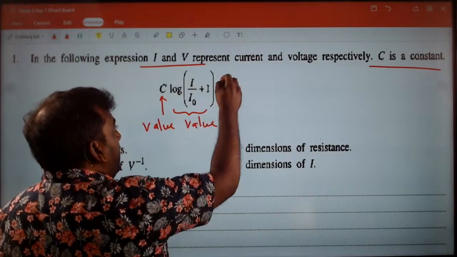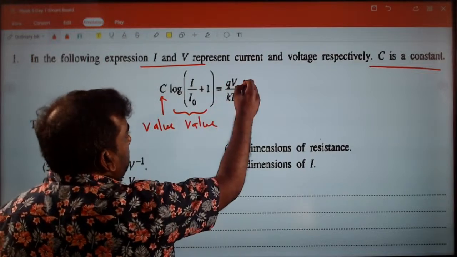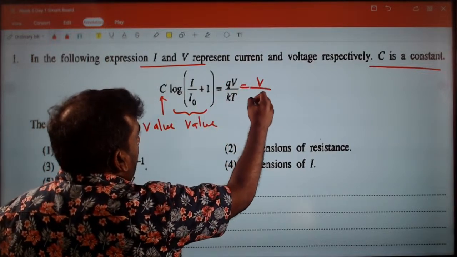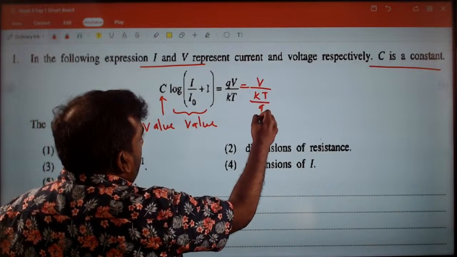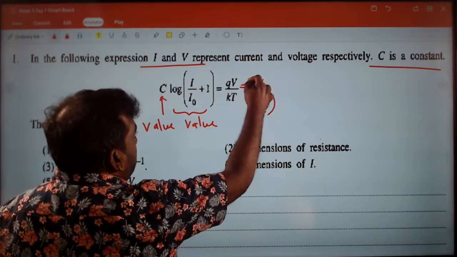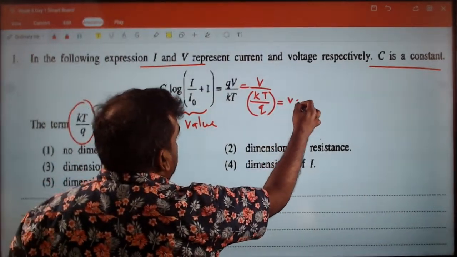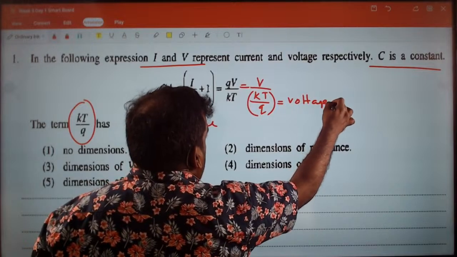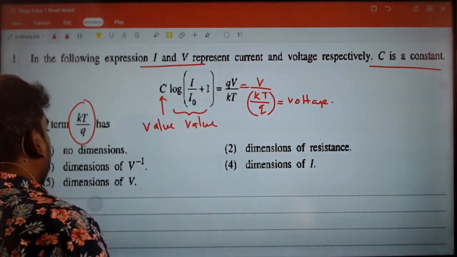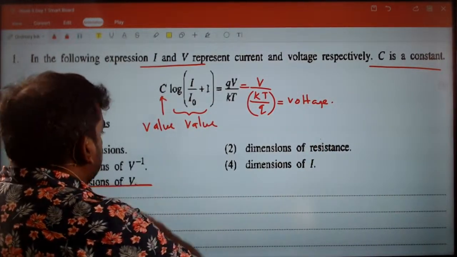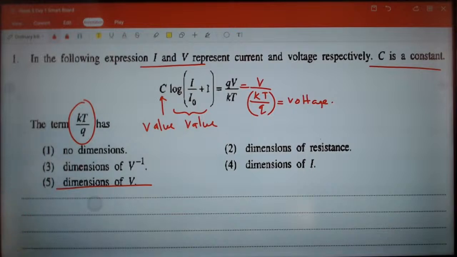So the other part there also should be a value. So I can rewrite this as V over KT over Q. So how can I make this a value? If this is also voltage, then KT over Q will give you dimensions of voltage.